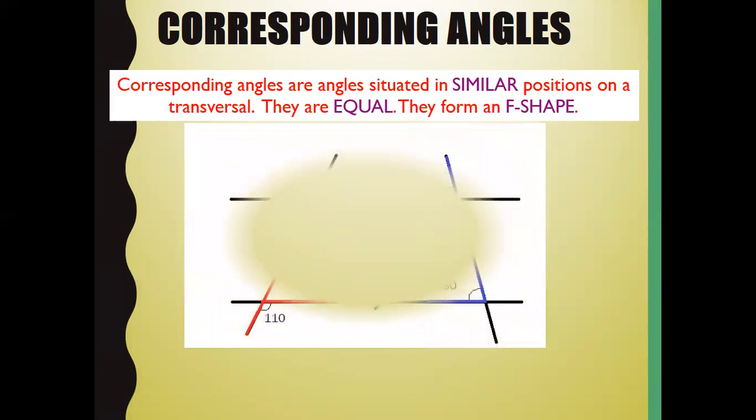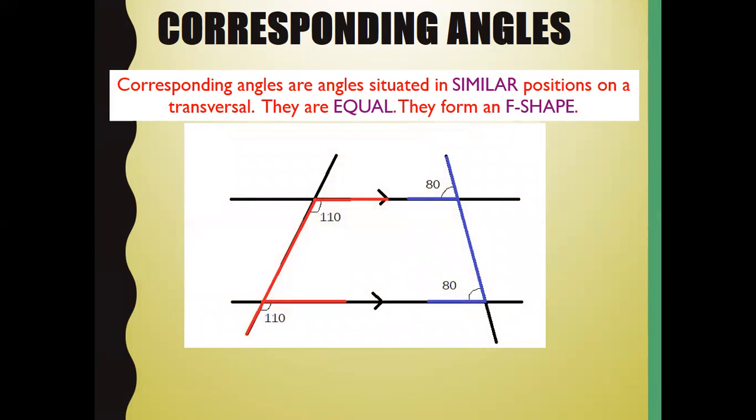So let's look at this. Can you tell what angles are corresponding there? Now, there's a saying I usually use. I try my best to give the position of that angle a particular name, and with that name, I use it to determine what angle corresponds to it. For example, let's look at the 110 that's here. It's on the right side of the transversal.